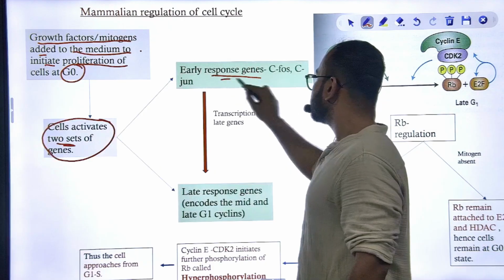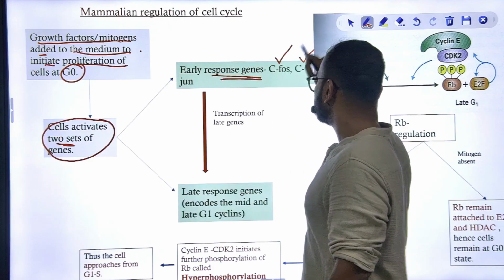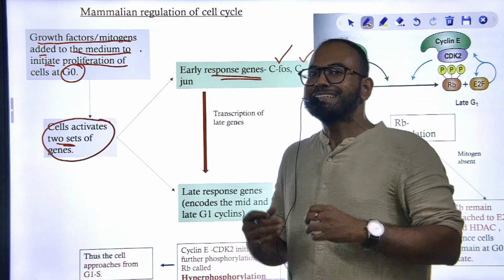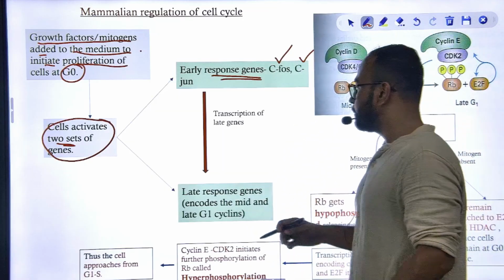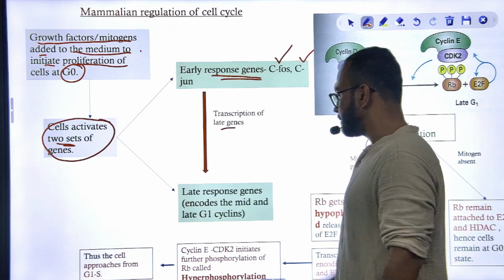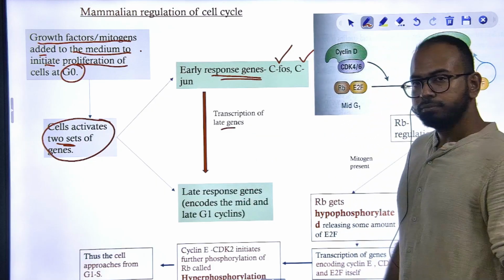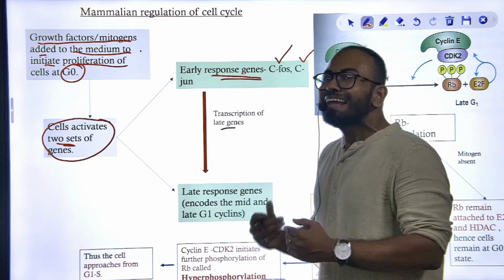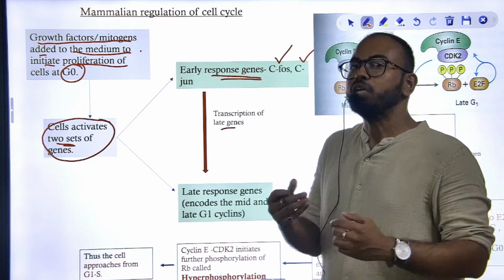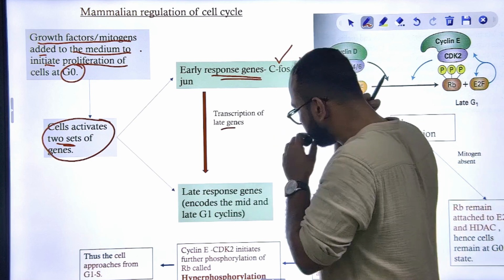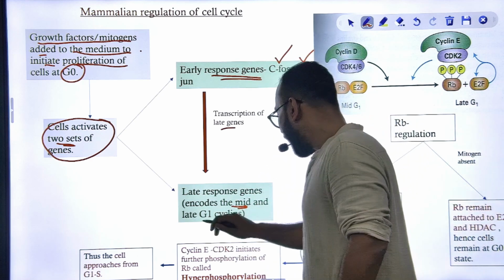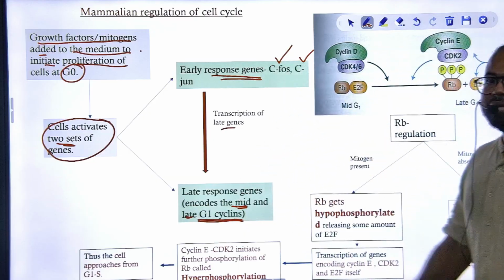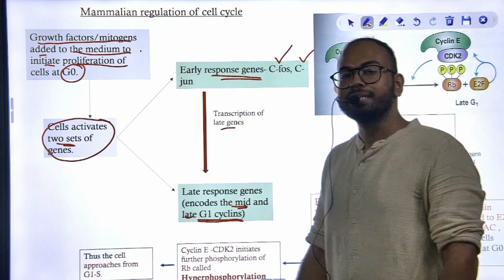One, early response genes like C-Fos and C-Jun. The C-Fos and C-Jun will later on help in transcription of late genes. What does the late response gene encode? It encodes the mid and the late G1 cyclins.